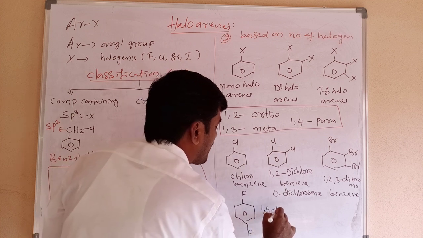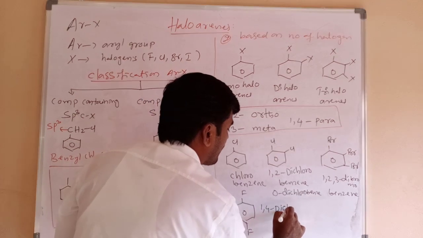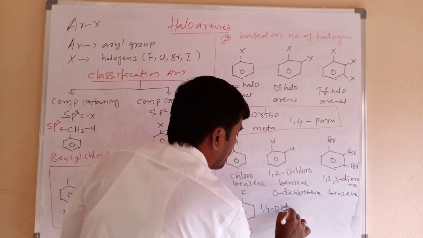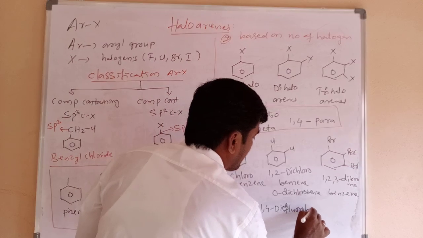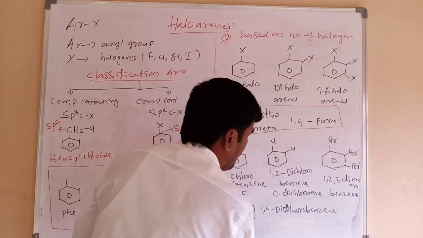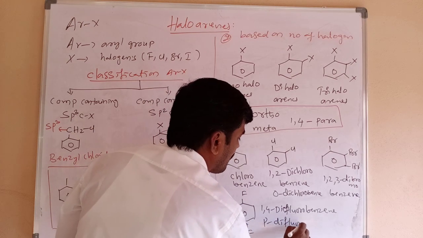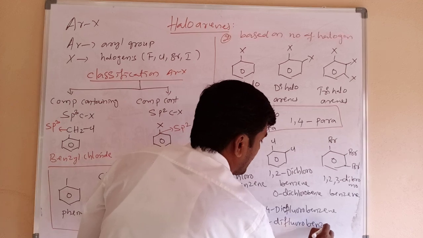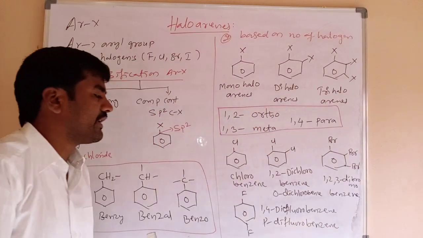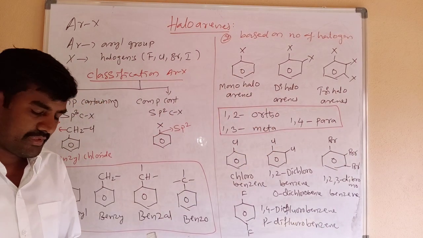IUPAC name: 1, 4 difluorobenzene. What is the common name for this compound? Para difluorobenzene. When 1, 4 positions are occupied with the halogen atoms.